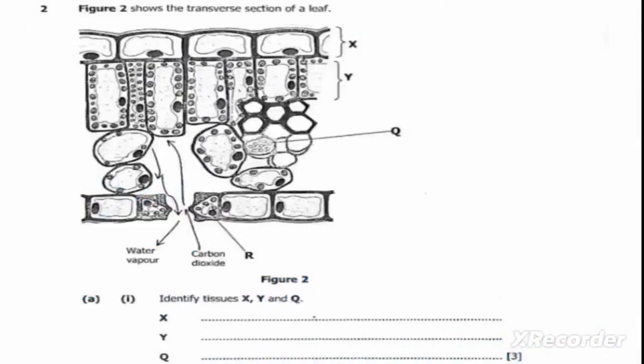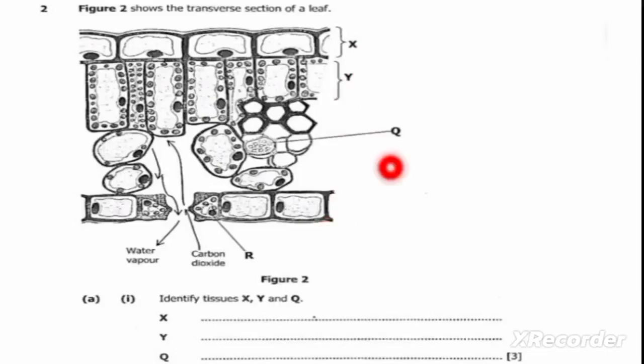Question 2, the question reads, Figure 2 shows the transverse section of a leaf. Question 2a, Roman numeral 1, identify tissue X, Y, and Q. So tissue X, this one is the upper epidermis.